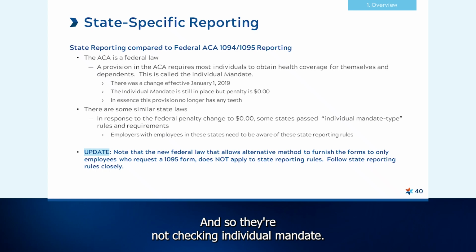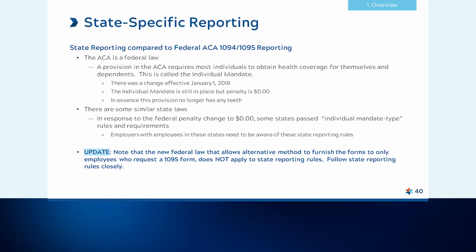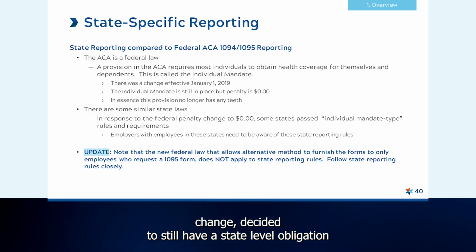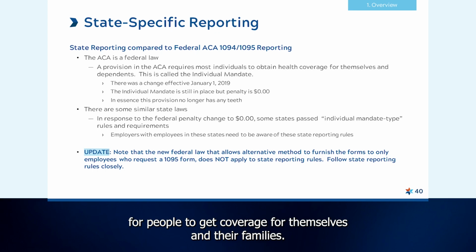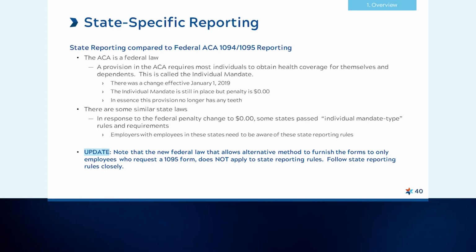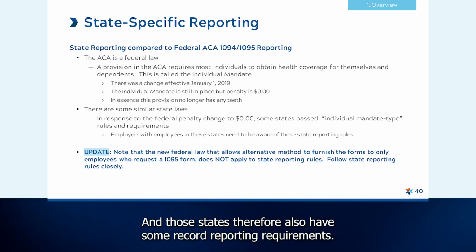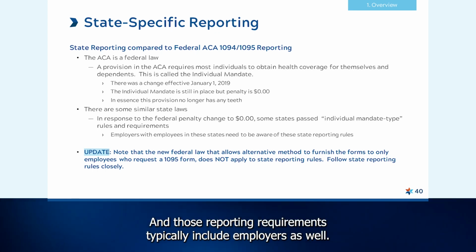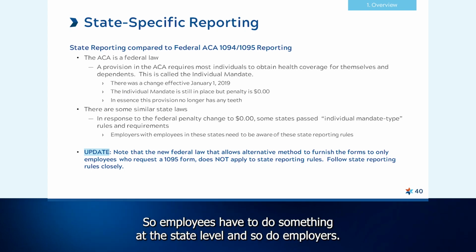And so they're not checking individual mandate, but there are some states that, as a result of this change, decided to still have a state level obligation for people to get coverage for themselves and their families. And those states therefore also have some reporting requirements. And those reporting requirements typically include employers as well. So employees have to do something at the state level, and so do employers.